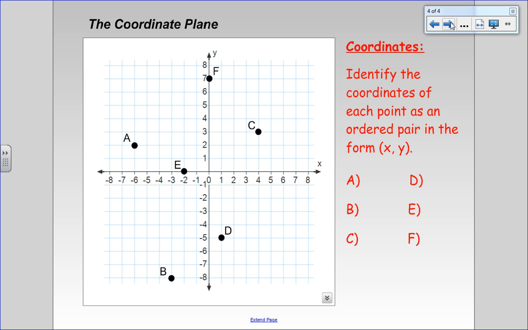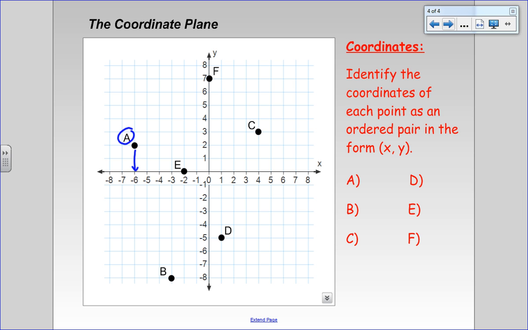To reverse this process and identify the coordinates of a point that is shown on the coordinate plane, we simply compare that point to the x-axis for the first coordinate and then to the y-axis for the second. As an example, let's look at point A on the screen.